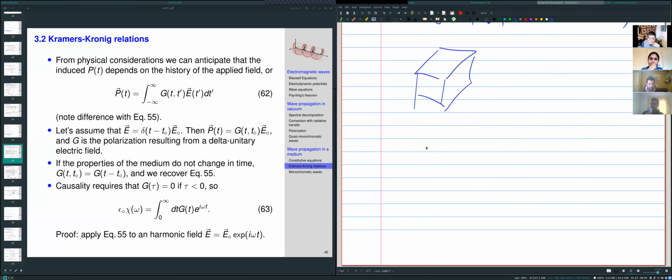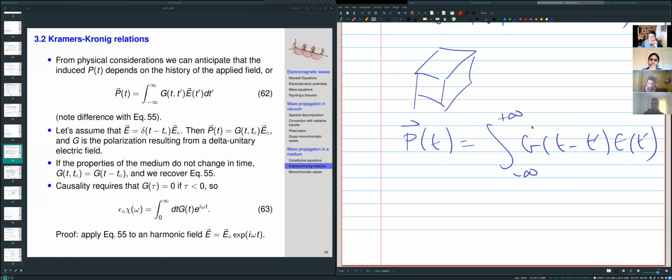So what we're trying to say is that P of t is the integral of G of t minus t prime, E of t prime, integrating from minus infinity to plus infinity. For this to make causal sense, we need G of t minus t prime to be 0 if t prime is greater than t, for future times.